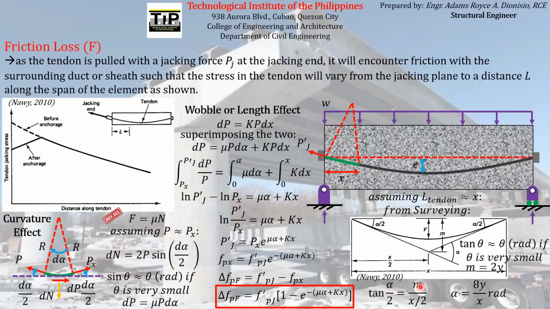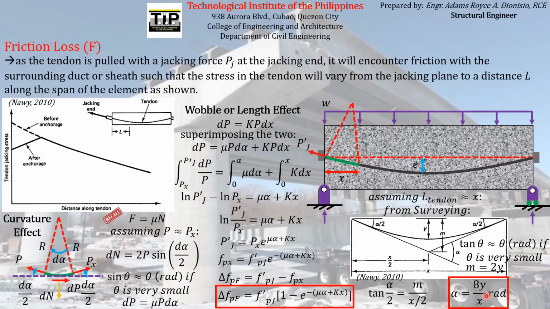And then since m is just equal to 2y, if you substitute all of those values here, you can find this magnitude of alpha, the angle of curvature, which is in terms of radians. So you have to keep in mind that that angle is in radians.